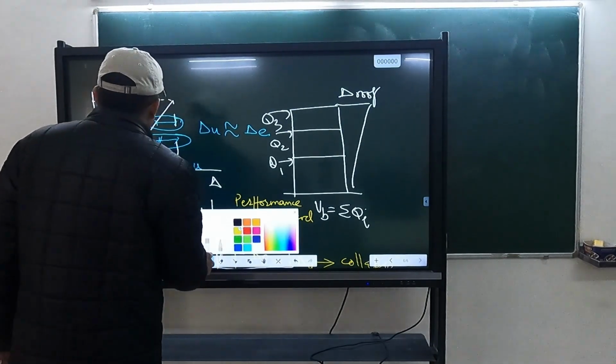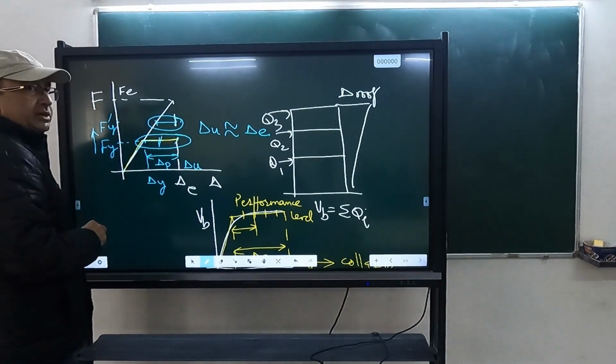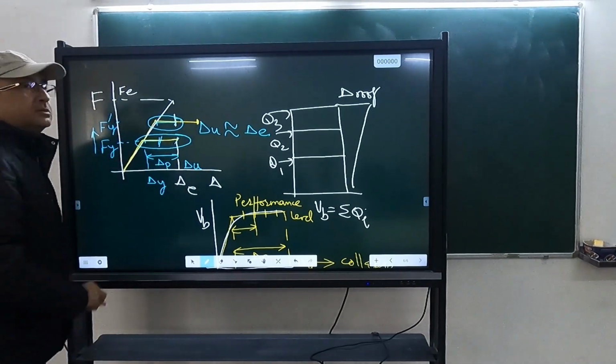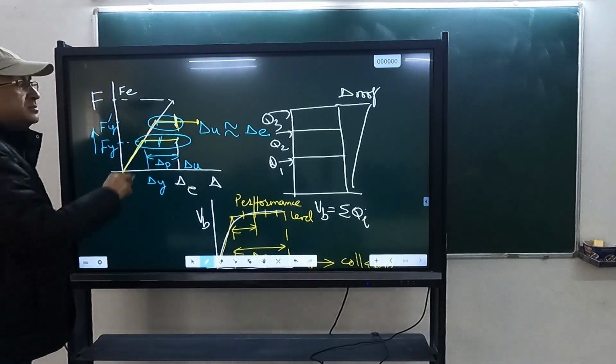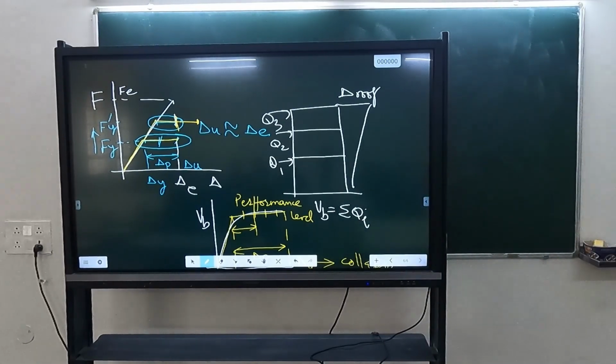In the first case it is utilized fully here. In the second case, this is the capacity, but I am utilizing only this much. So the plastic deformation capacity will remain more or less the same. When you change the size, there will be some small difference in the plastic capacity also, but we can assume that is negligible. Let us say the plastic deformation capacity remains the same.